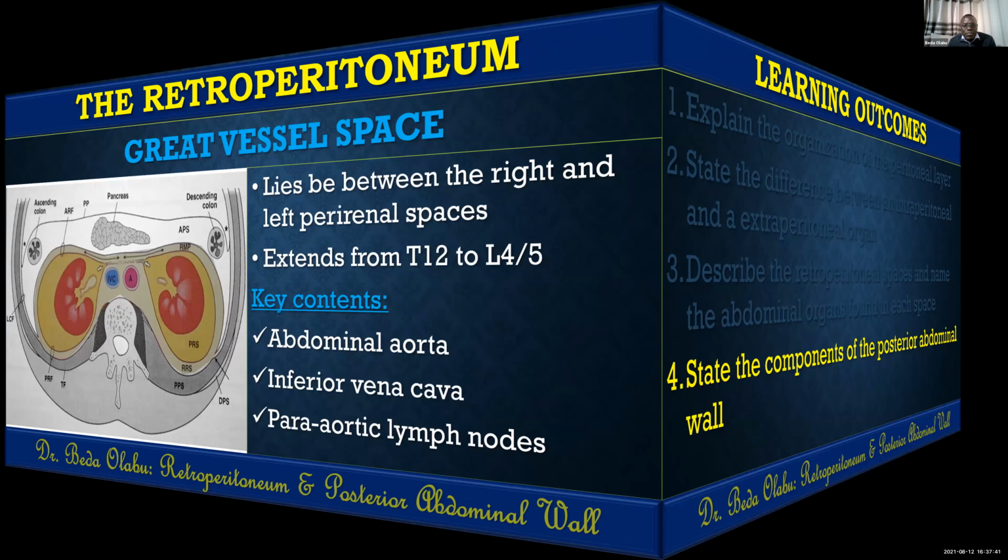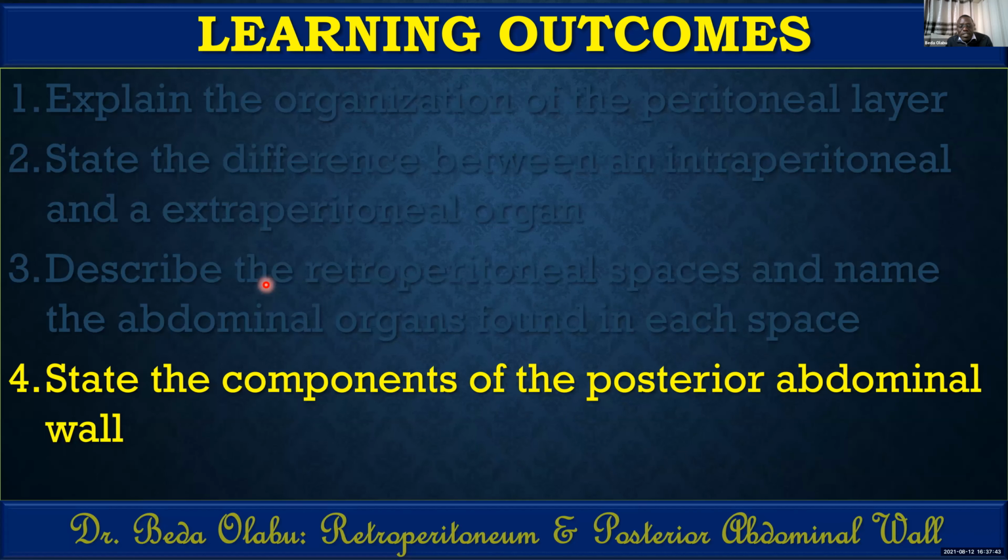Right. There's another space that sometimes can be mentioned, although I don't really consider it a retroperitoneal space based on the definition of the retroperitoneum. We agree that retroperitoneum refers to the space between the posterior parietal peritoneum and the posterior fascia transversalis.